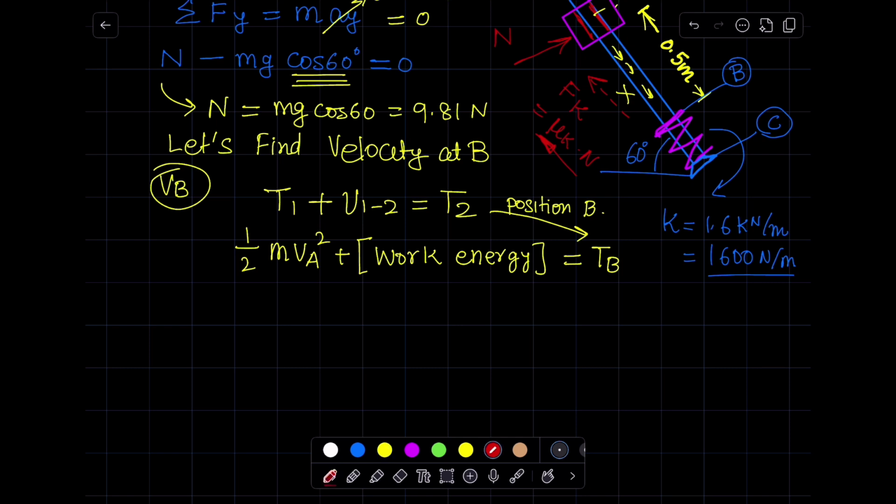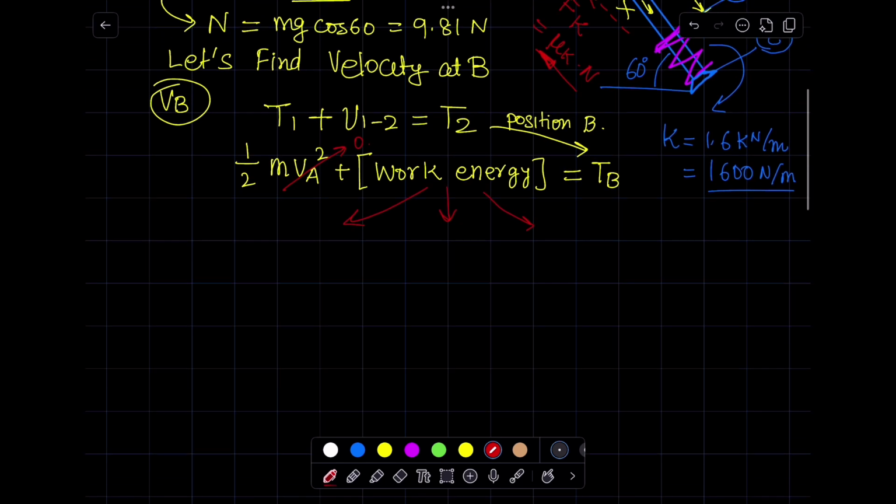Just remember that at the beginning of the collar's motion, the velocity at point A is 0, and there will be a velocity at point B. Now let's talk about the work done here.